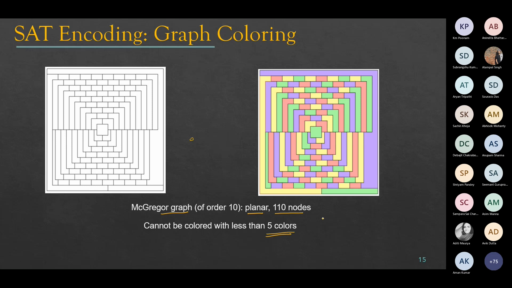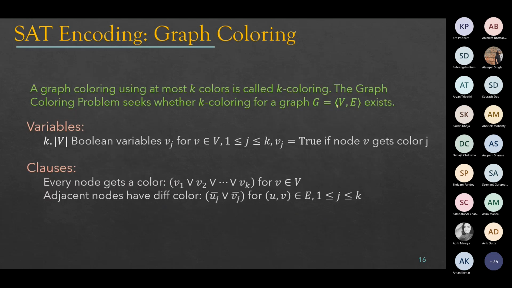And that brings us to the graph coloring problem, and this is specifically called K coloring problem. What is the problem? The problem is that you can color a graph using at most K colors. If you can do that, then it is called a K coloring problem, right? Now, the first thing that we need to ask, if we want to have a SAT encoding for this kind of problem, is what would be my variables?